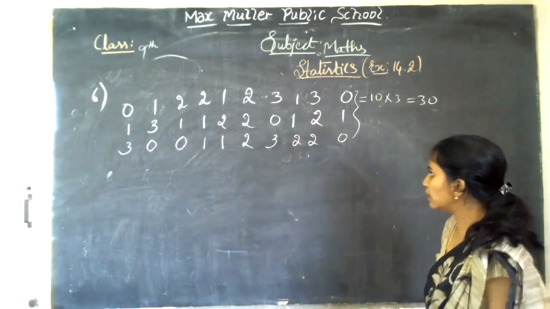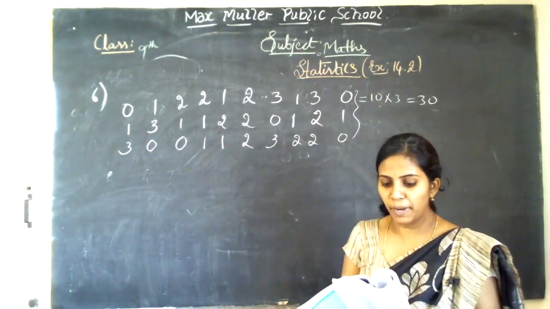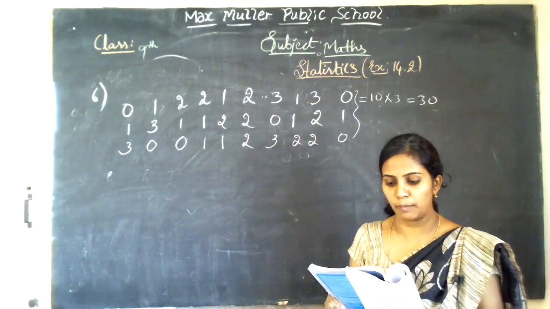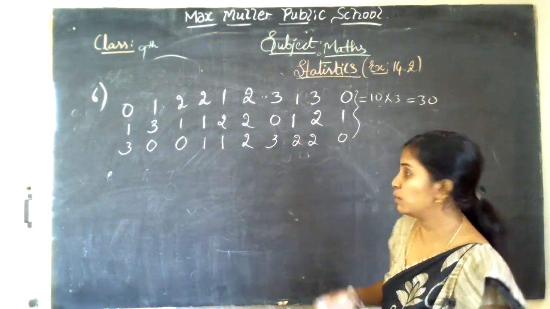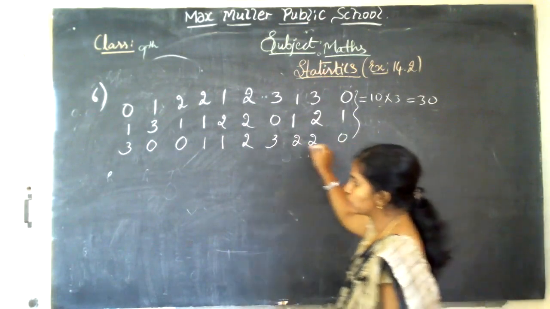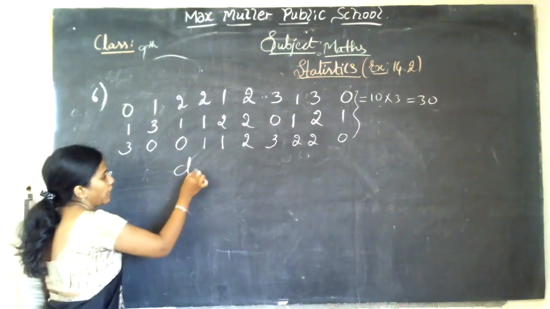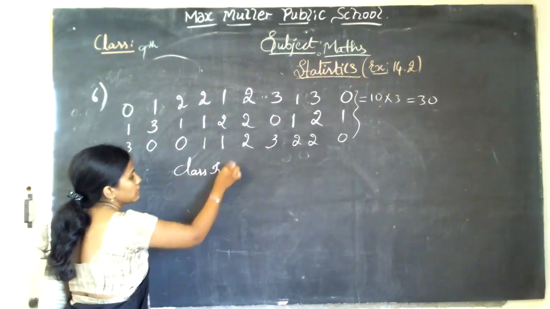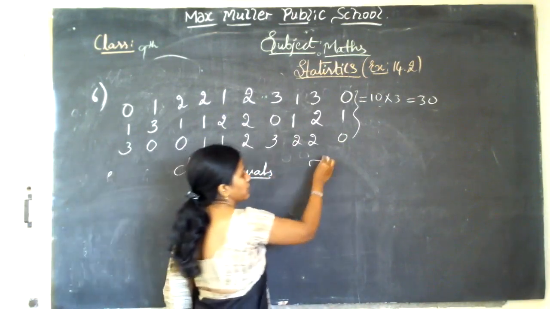So when you look here, what we need to find is to prepare a frequency distribution table for the data given above. What we have to write are the class intervals and also the frequency.